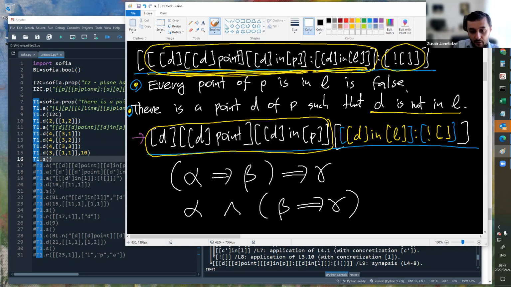Now, if I know that alpha implying beta implies gamma, I will not necessarily know that alpha is true. So we can't generalize it so much. So this rule in general in logic would fail.